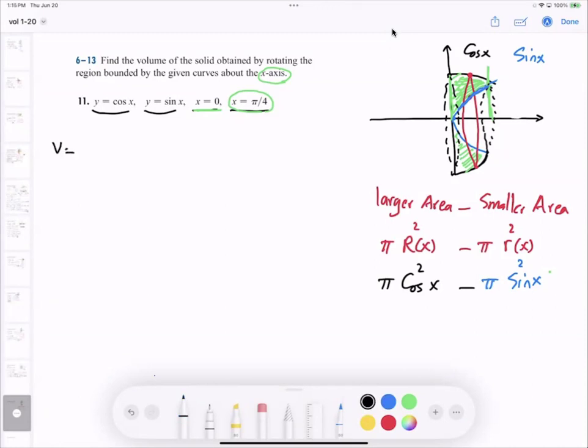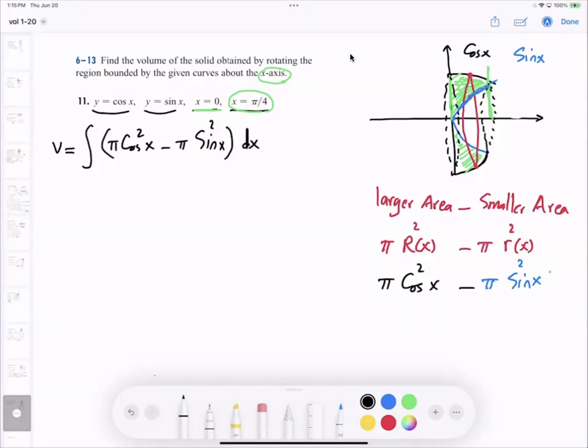The volume formula is the definite integral of the larger area minus the definite integral of the smaller area, which we can combine as pi of cosine squared of x minus pi of sine squared of x dx. Well, what are the boundaries here?